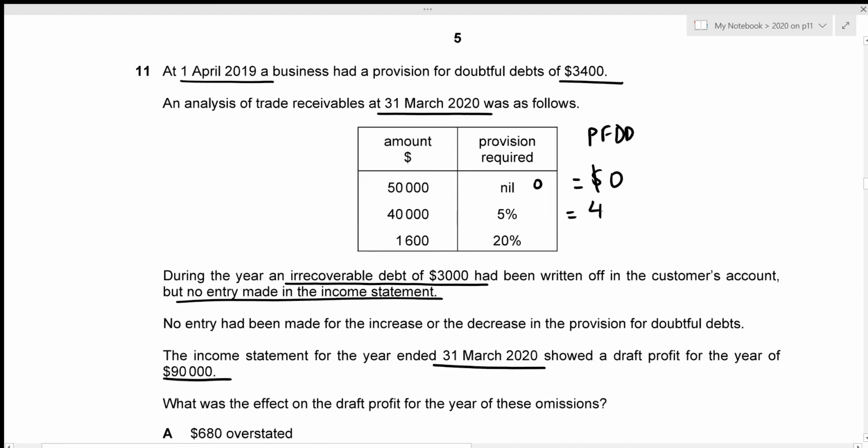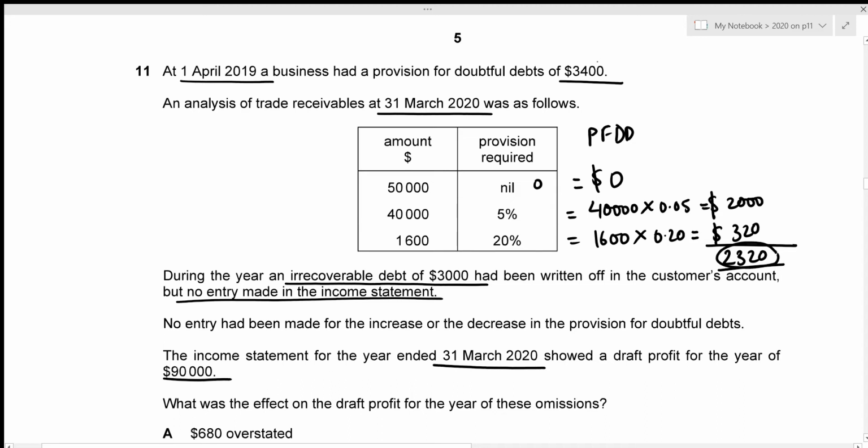So that's going to be 40,000 times 5%, which you can write down as 0.05, which results in the value of 2,000. Then we have 1,600 and the provision required is 20%. So that's going to be 1,600 times 20%, which you can write down as 0.20, which results in the value of 320. So the total value of provision for doubtful debts is going to be 0 plus 2000 plus 320, which results in 2320. And this is the closing balance of the provision for doubtful debts.